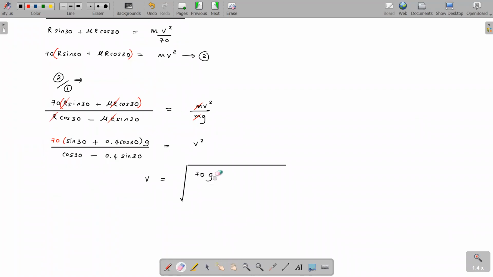You can bring the g in front if you require. g is 9.8 times sine 30 plus 0.4 cos 30, divided by cos 30 minus 0.4 sine 30.